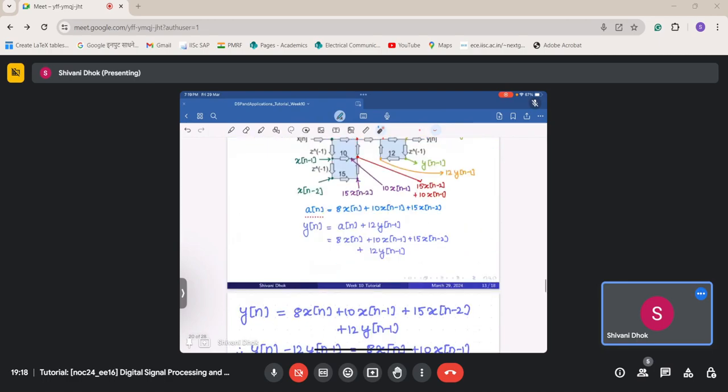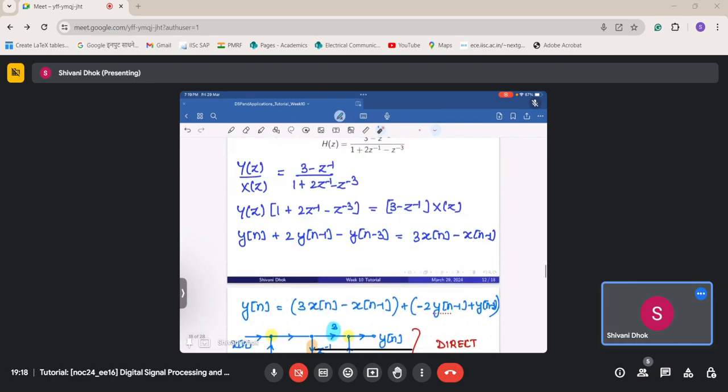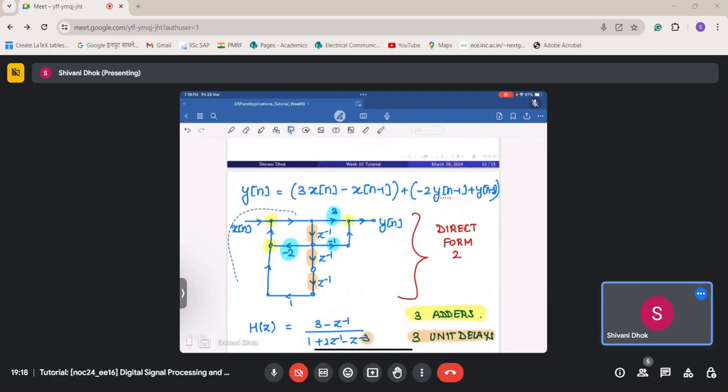So if we look at an example here, let me just copy paste this thing there. This was a signal flow graph which we had for a direct form 1, direct form 2.